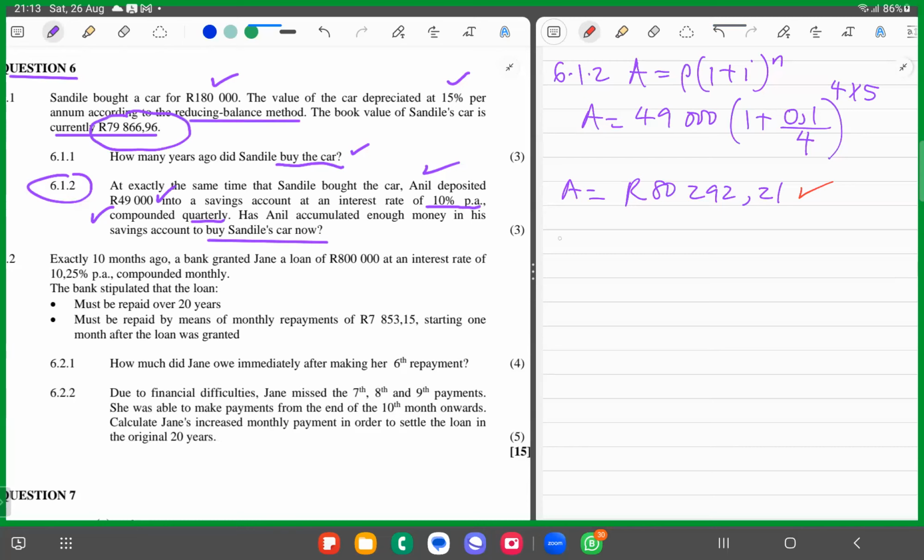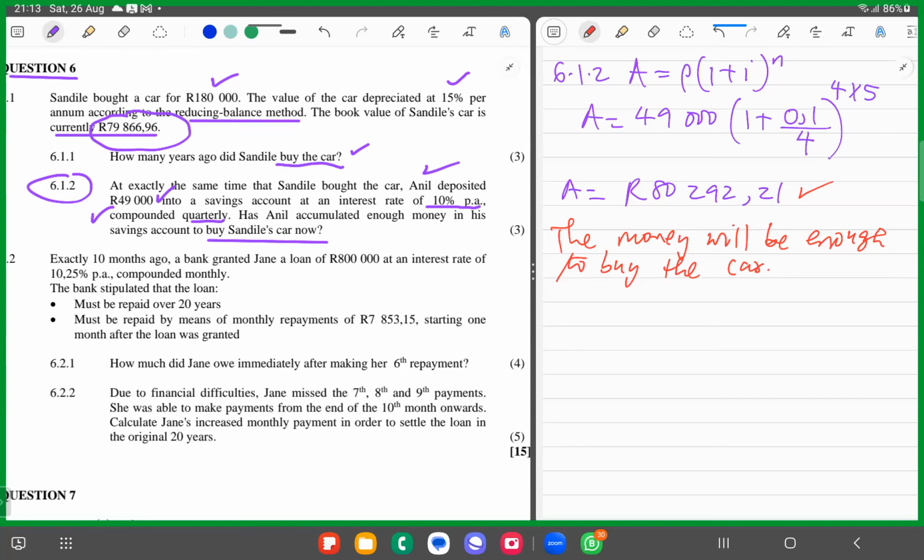So the money will be enough to buy the car. The money will be enough to buy the car.